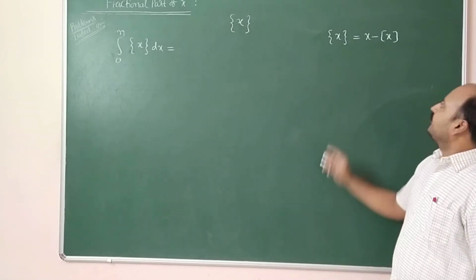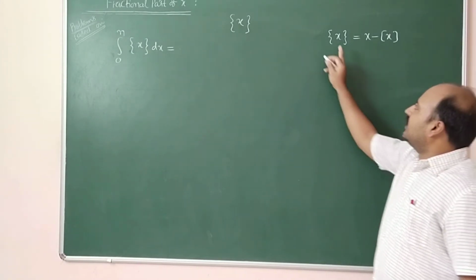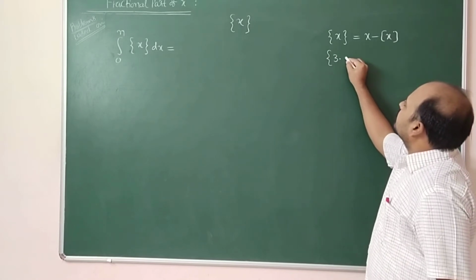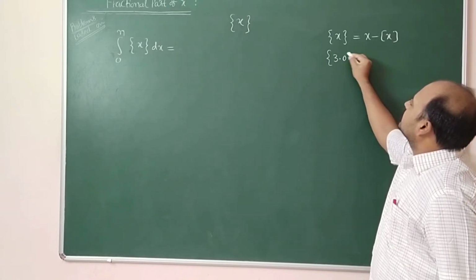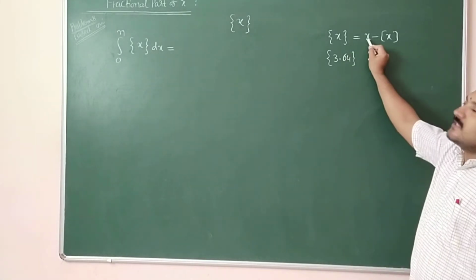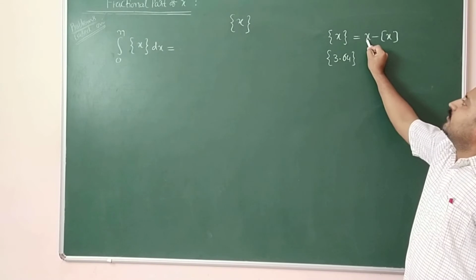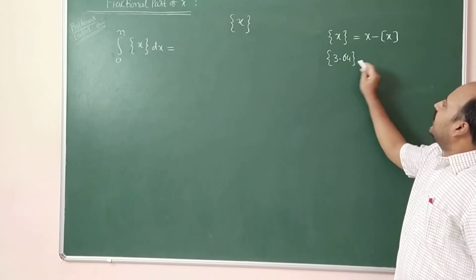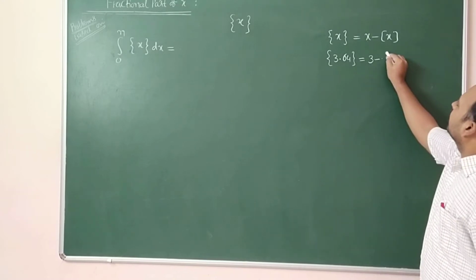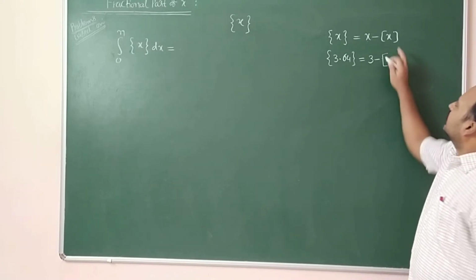Before that, we will give some examples based on this. Suppose the fractional part of 3.64 is there. x is 3.64, I already said that. So this can be written as 3.64 minus step of x.